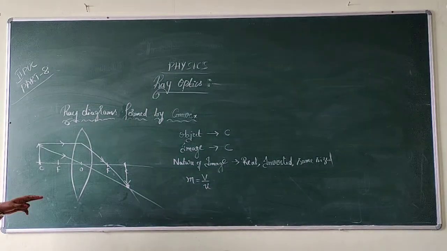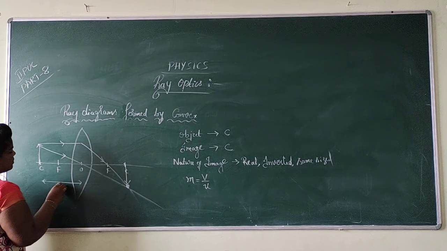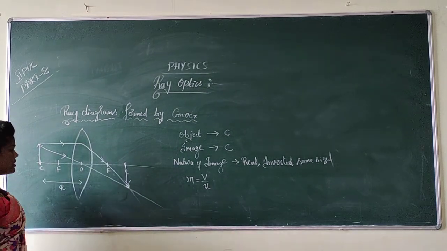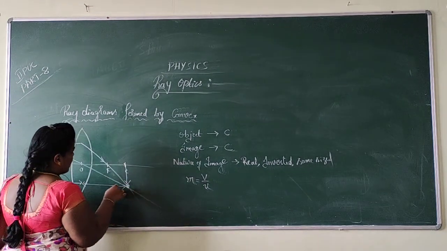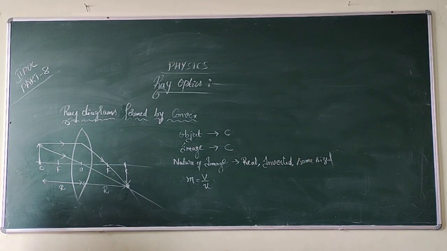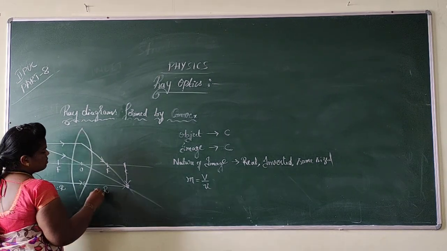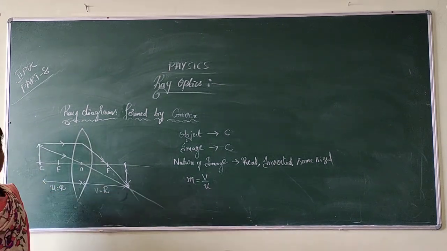curvature. Now let us see what happens to the magnification. See my dear students, the distance between the optic center and the center of curvature is called the radius of curvature, whereas object distance is also r, image distance is also r.